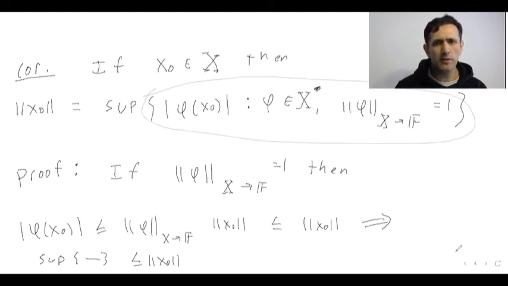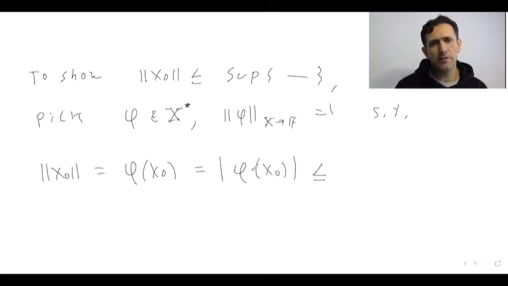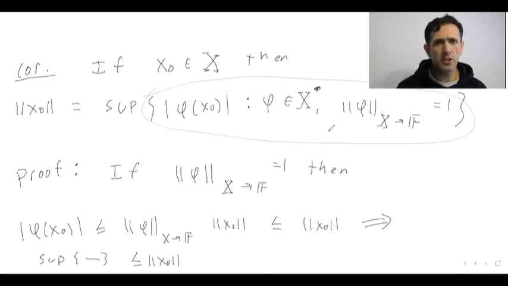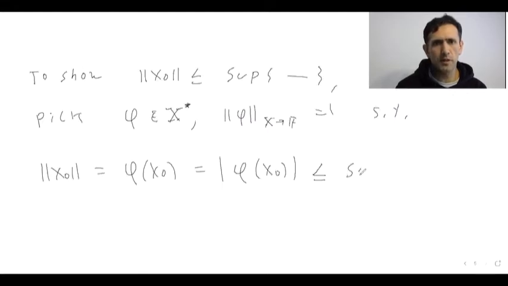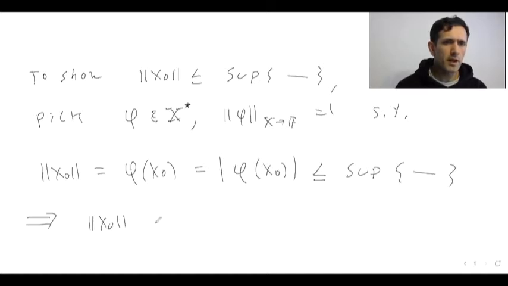So that one individual, phi of x0, for this one particular phi satisfying these conditions here, is certainly less than or equal to the sup of all such numbers. So that proves it. Any one individual is less than or equal to the sup. Sup is an upper bound. So that implies the norm of x0 is equal to the sup.